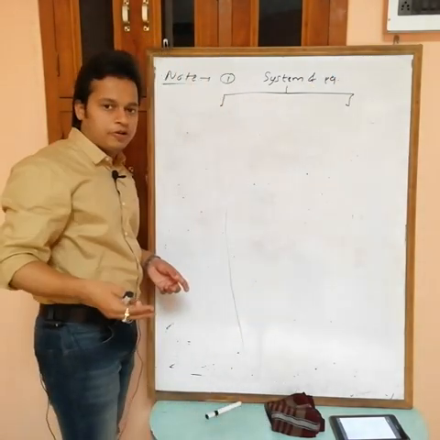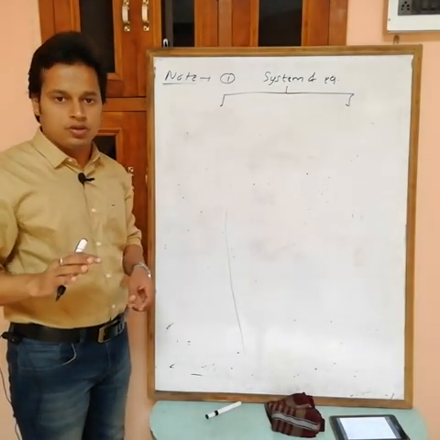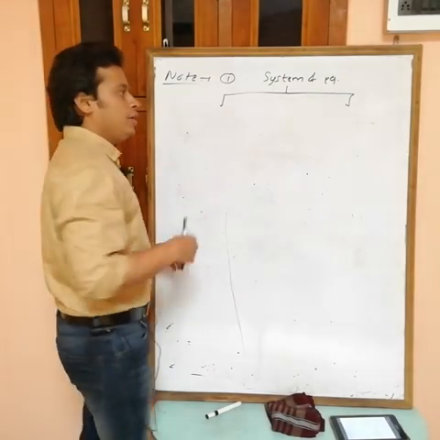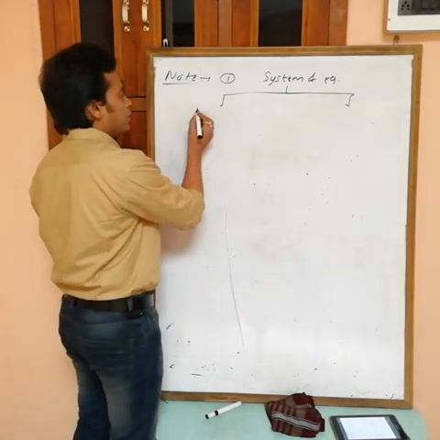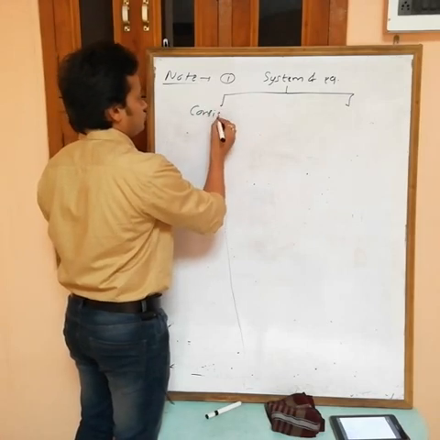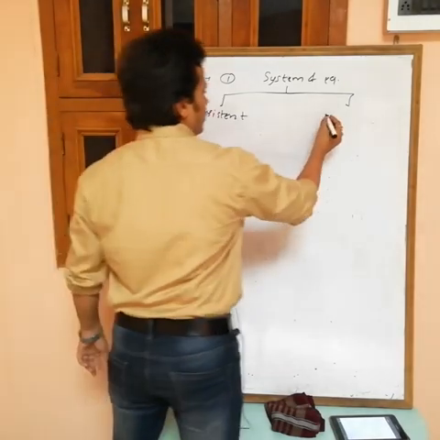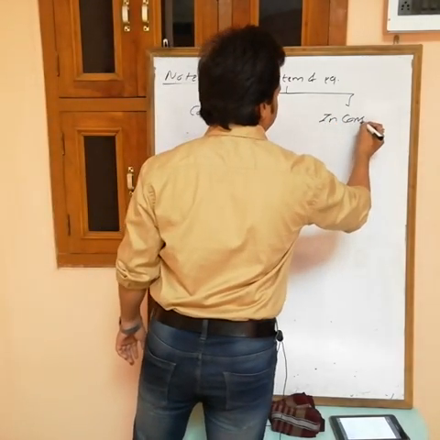Now we have two types of systems of equations. Either a system of equations is consistent or inconsistent. We have only two options. Any system of equations is either consistent or inconsistent.